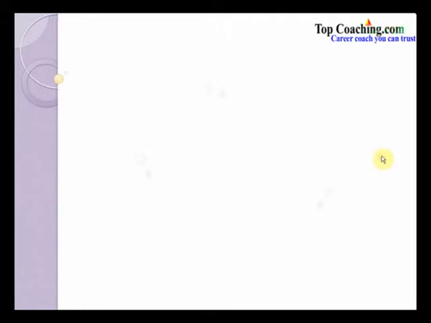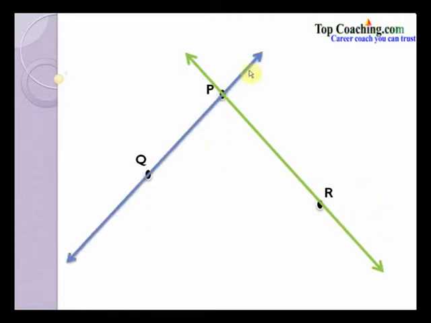Now let us say that we have three non-collinear points in a plane. Collinear points are points which lie on a line. So all these three points do not lie on a single line. These are non-collinear points. Now we draw a line passing through P and R. Similarly we draw a line passing through Q and P, and a line passing through Q and R. Now we see that there is a figure bounded by these three lines.